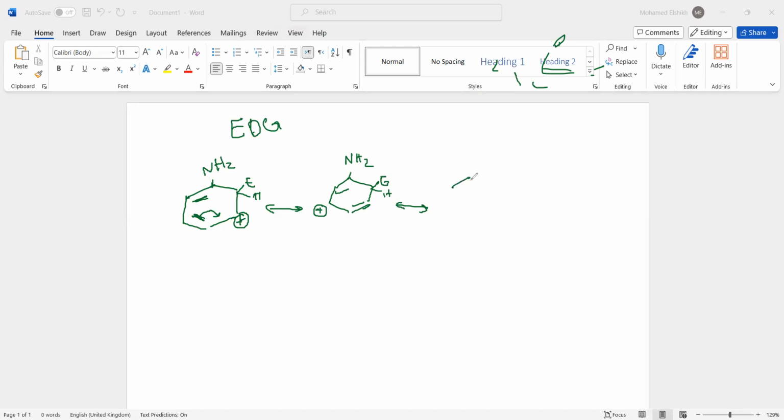And next one, there'll be a possibility that this will come here, and therefore the positive charge will be formed there. And then there's also a possibility that this bond here will be formed.